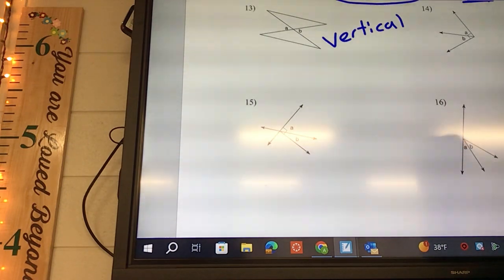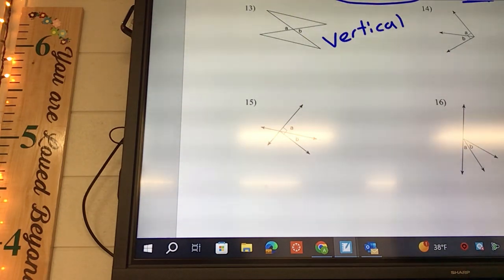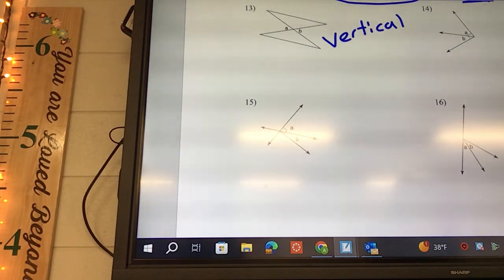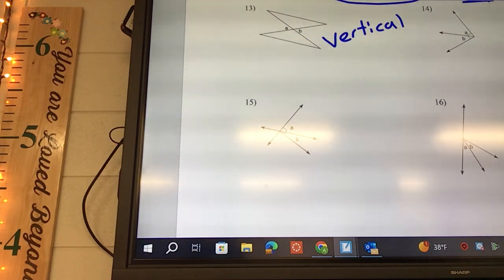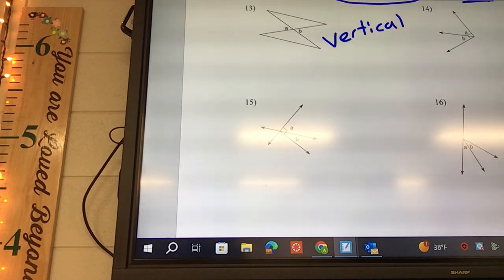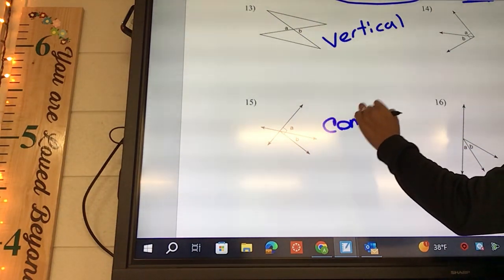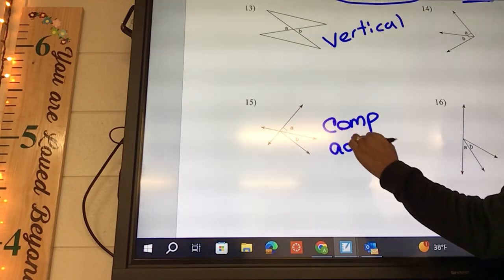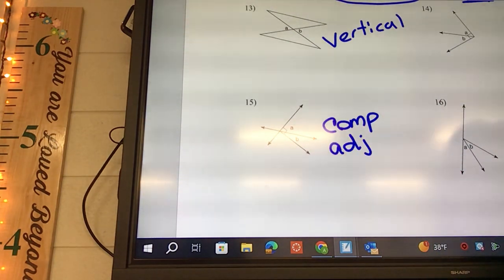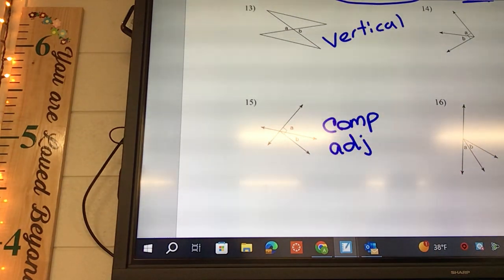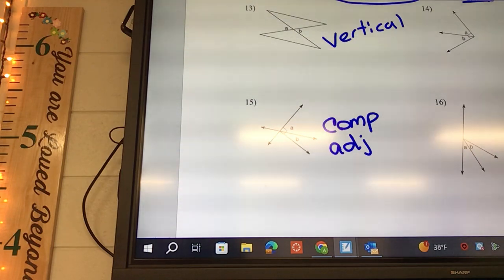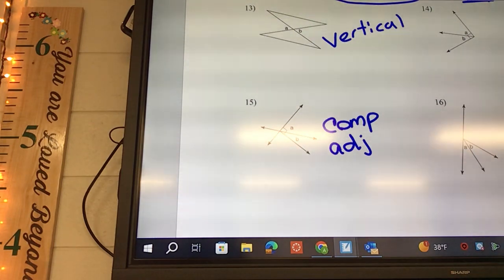Okay, 15, what kind of angles are these? Adjacent. They are adjacent, however, they are what else? Complementary. Okay, and that's what I was saying. If you put complementary, you also need to check these are also adjacent. Complementary and linear pair are always going to be adjacent because they have to be right next to each other because they add up to be 180 or 90.